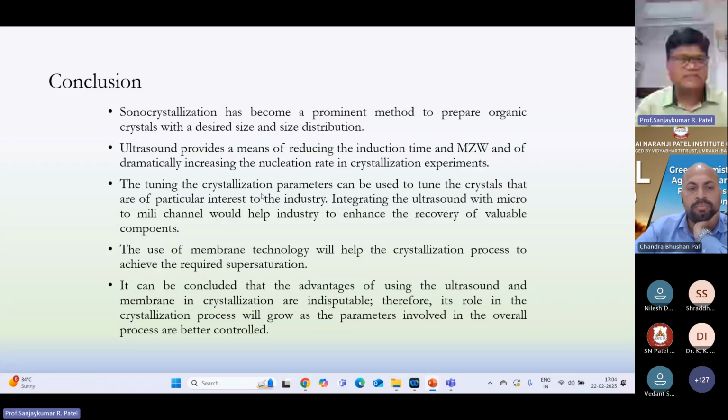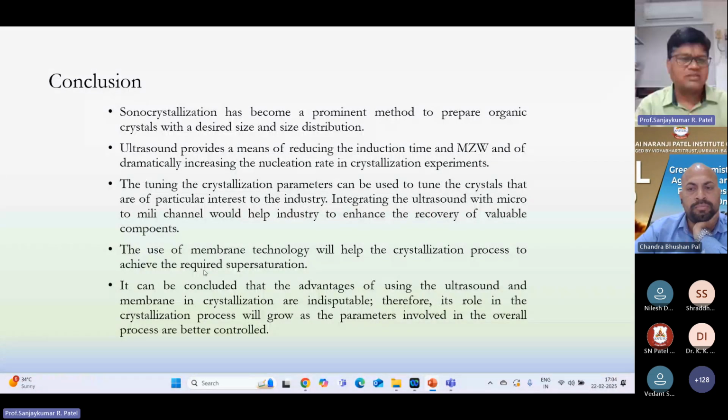Tuning the crystallization parameters can be used to tune the crystals that are of particular interest to the industry. Integrating the ultrasound with micro to milli channel would help industry to enhance the recovery of valuable components. The use of membrane technology will help the crystallization process to achieve the desired supersaturation level.